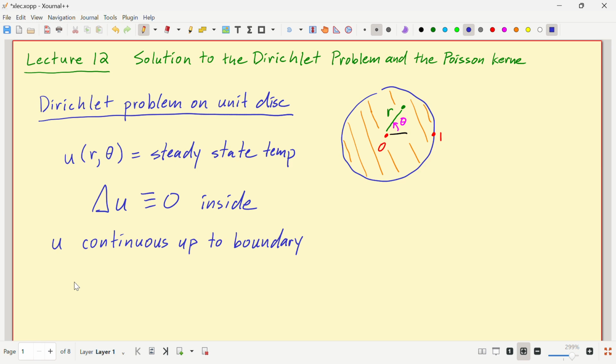And the Dirichlet problem, we're looking for the solution. We would expect it to be continuous up to the boundary if the boundary values were a continuous function, and we'll see that that's the case soon. So I want the solution to be continuous up to the boundary with boundary values prescribed.